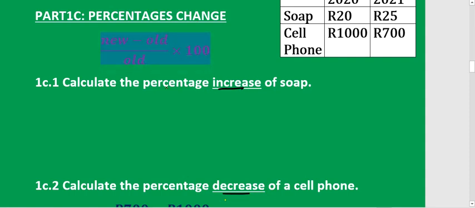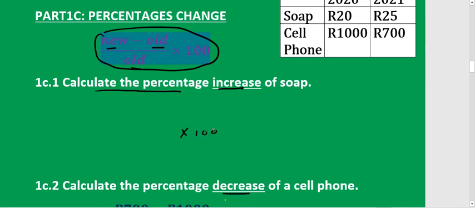Whether it's an increase or decrease, you have to use this formula. The formula is you take the new price minus the old price over the old price, and you multiply by 100. Remember what we said before? If you are calculating a percentage, you are always going to multiply by 100. Now, to calculate the percentage increase of soap, the formula tells you to take the new price.